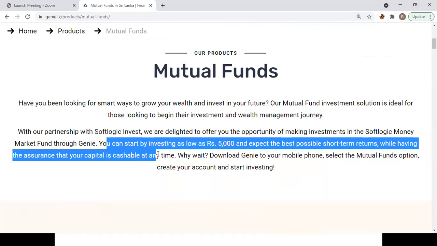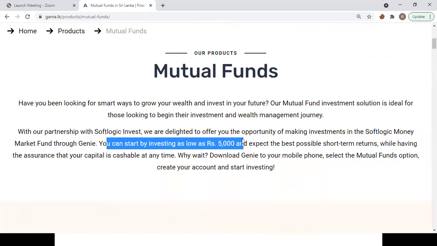You can start by investing a minimum of 5,000 rupees. So you don't need enough money, right? You can start investing in the stock market or other investment pools from a small amount of money.